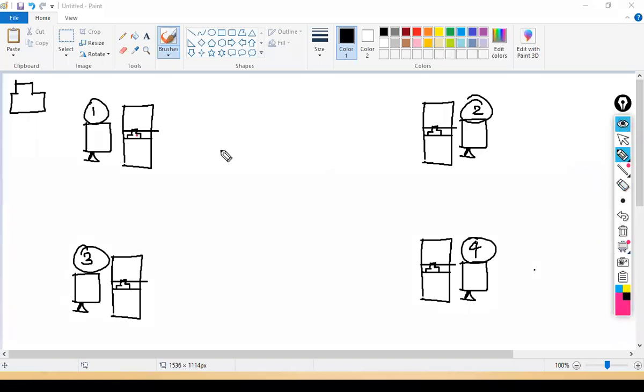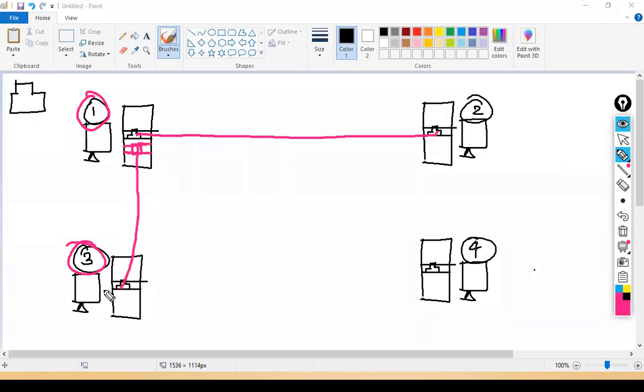I can take a wire and connect the first computer to the second computer, like this, in a wired manner. Now, if I want to connect the first computer to the third computer, what can I do? I can insert another NIC here, and here also, and connect it in a wired manner.